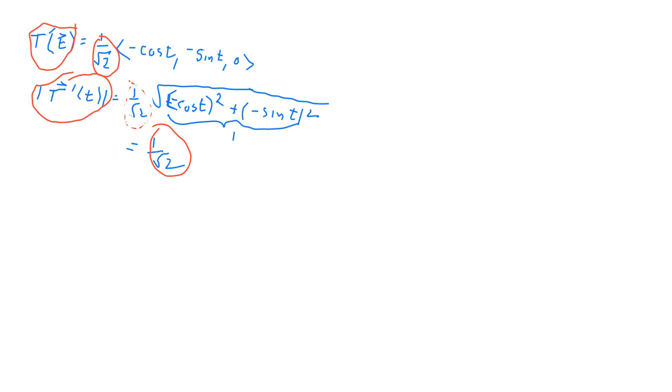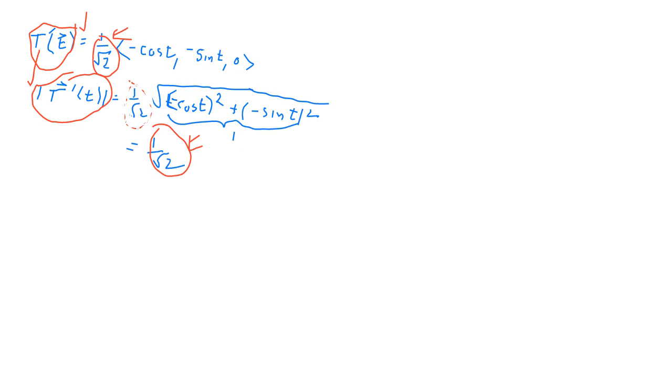Okay, so again, I'm going to find the normal vector, N of t, and to do that, I got to divide the derivative of the unit tangent vector by its length. And when I do that, the 1 over root 2's here are going to simplify out.